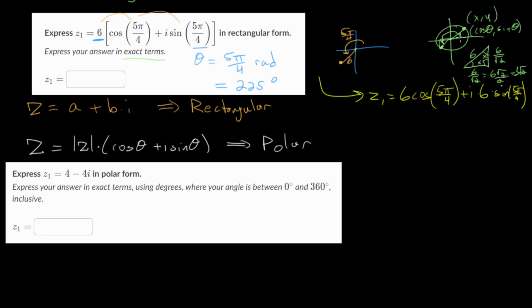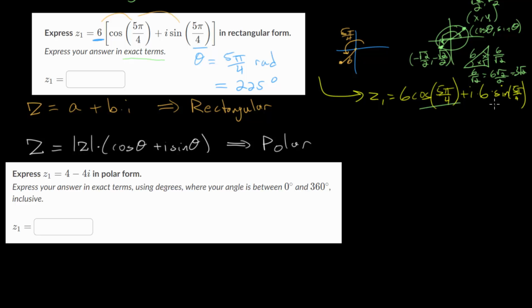So for this pi over 4 angle, or 45 degrees, we know that x and y are both the square root of 2 over 2, or when we scale this by 6, since that's actually what our hypotenuse is, then we would get 3 times the square root of 2. And again, for this triangle down in the third quadrant with this angle of 5 pi over 4, we would get minus root 2 over 2 for both the x and the y values, since they're both negative in this third quadrant here.